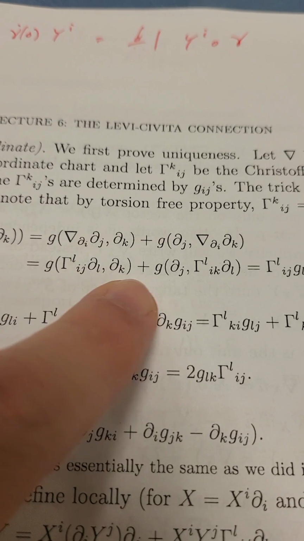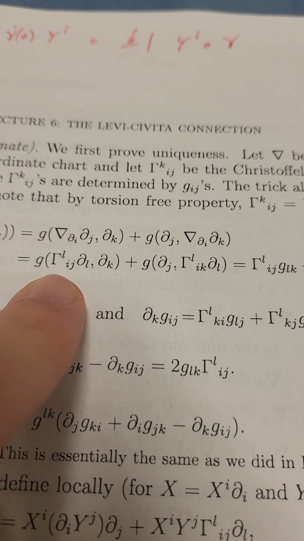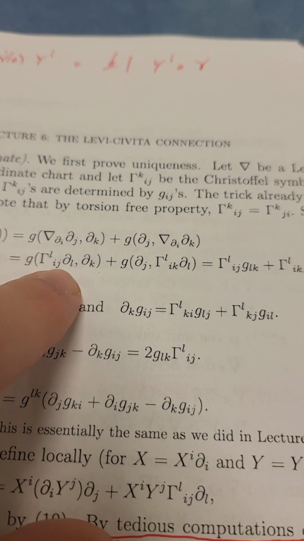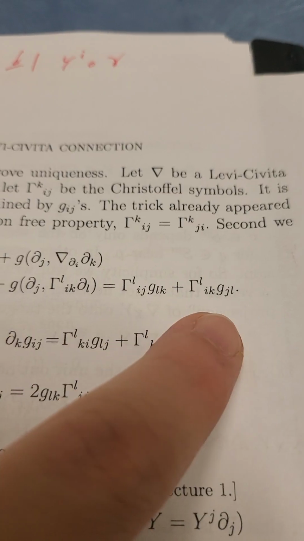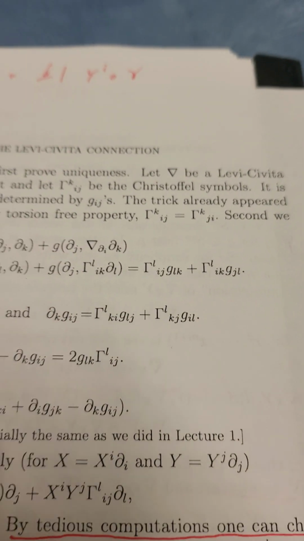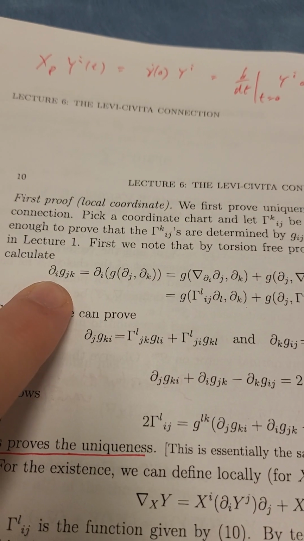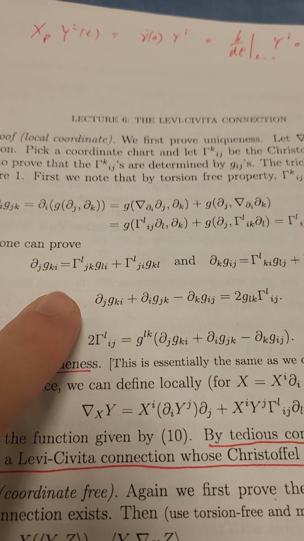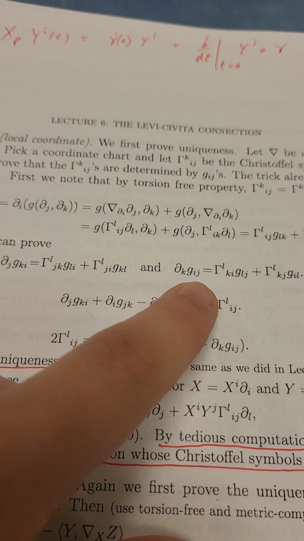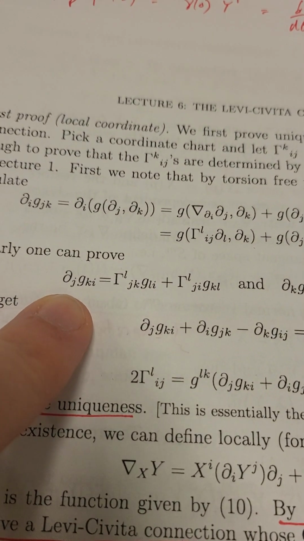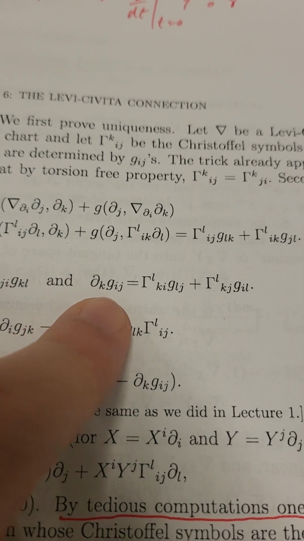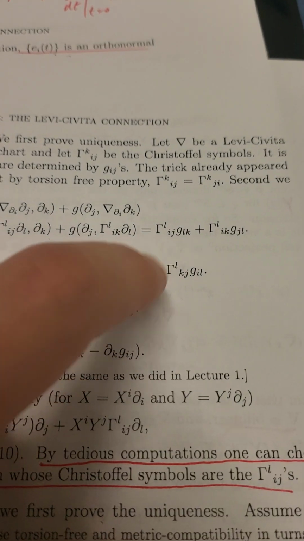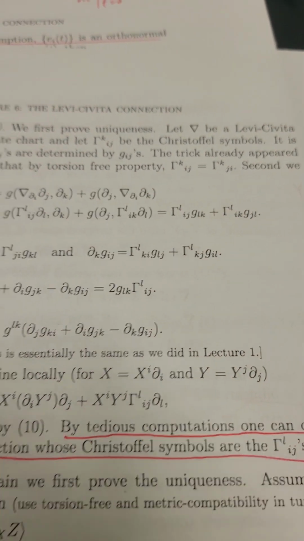We're working in coordinates, and of course these Christoffel symbols pop out of the metric because it's bilinear, so we end up with this final expression for the partial derivative of the metric, partial i g_jk. Now to proceed, we permute the indices, forming the cyclic permutations of the indices to get different expressions, and then we use the fact that these Christoffel symbols are symmetric in the bottom two indices.